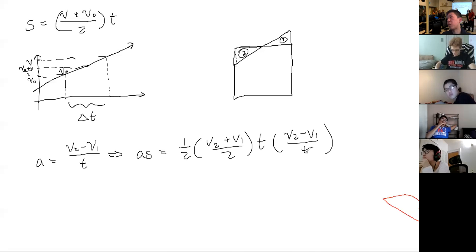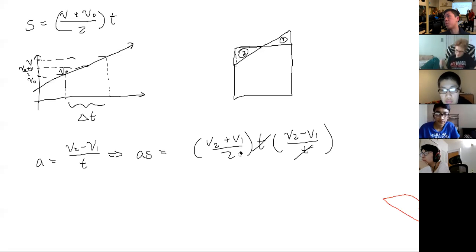And certain things cancel out. I put 1/2 twice, so this shouldn't be there. So v1 plus v2 over 2 times t times v2 minus v1, and the t's cancel out.